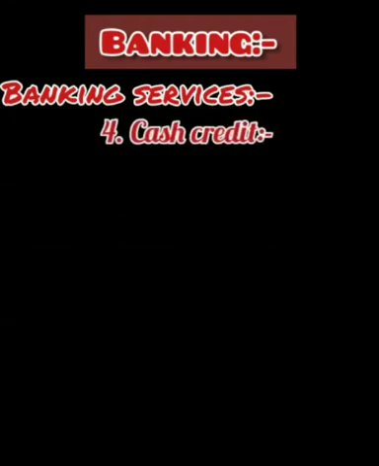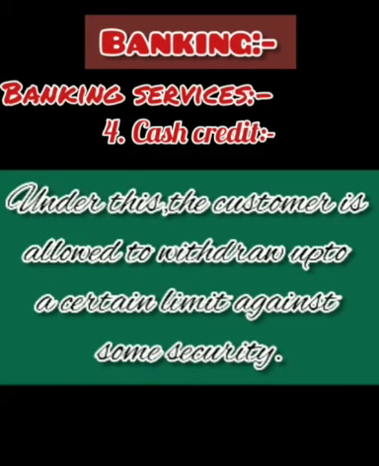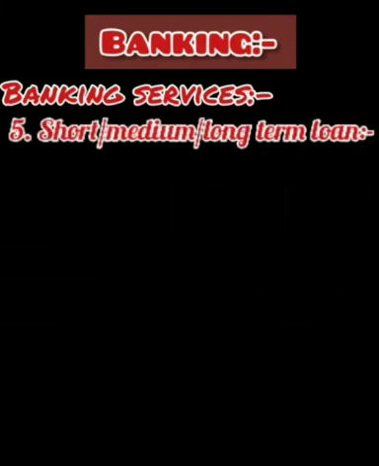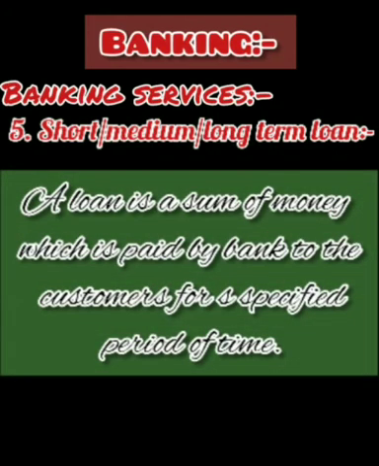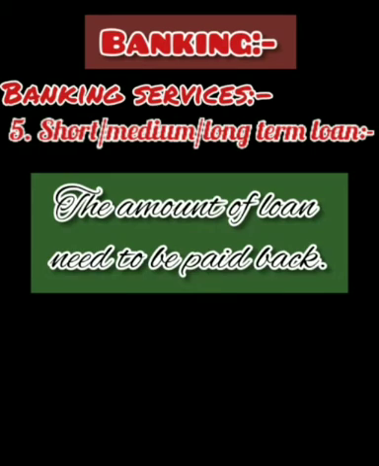Number four, cash credit. Under this, the customer is allowed to withdraw up to a certain limit against some security. And number five, short, medium, long term loan. Loan is a sum of money which is paid by banks to the customers for a specified period of time. The amount of loan needs to be paid back.